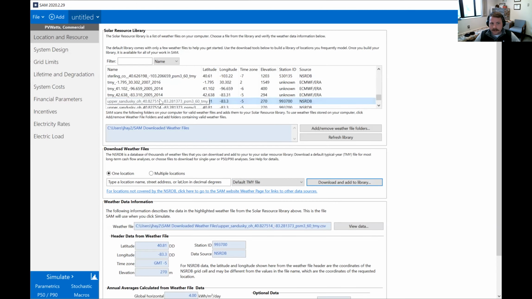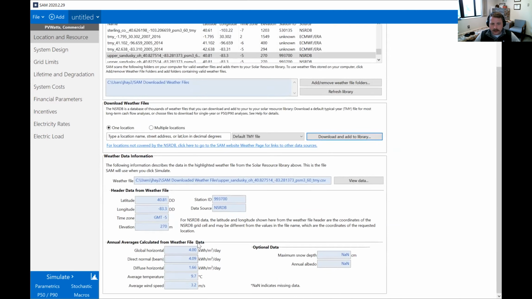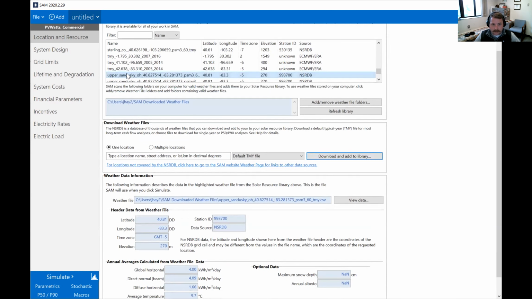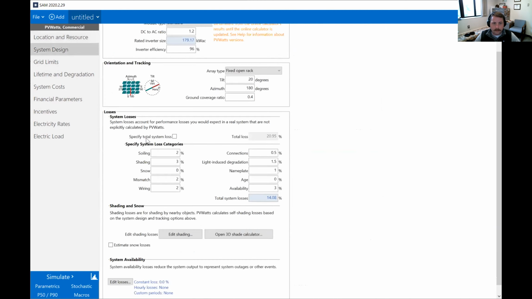It's going to have selected this Upper Sandusky weather file. If I scroll down, I can look, and some of the numbers we talked about for the peak sun hours are here, 4 and 4.9, things like that. So we don't need to pay much attention to those other than we have it highlighted. That's enough to go on to the next one. That's the weather file it's going to use.